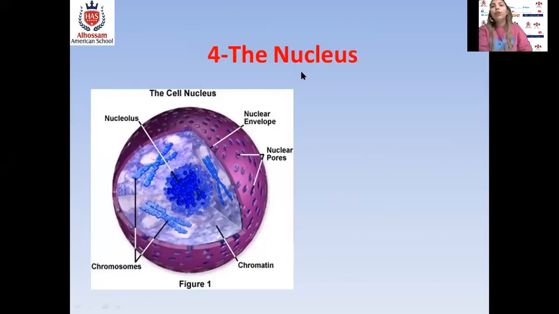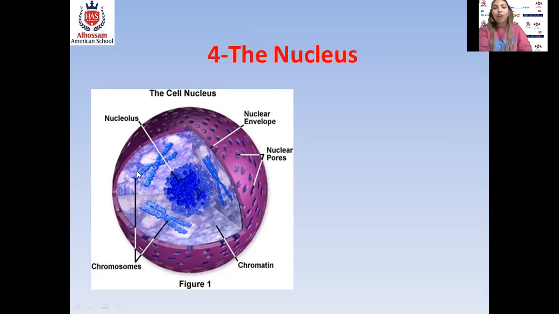Okay, number 4, nucleus. This is the structure of the nucleus. We can see that the nucleus has a cover from outside, and this cover has pores. So they're called nuclear pores, and the cover is called the nuclear envelope. Inside we have a small structure called the nucleolus, which is the smallest part inside the nucleus.